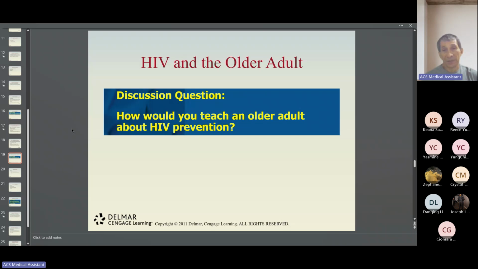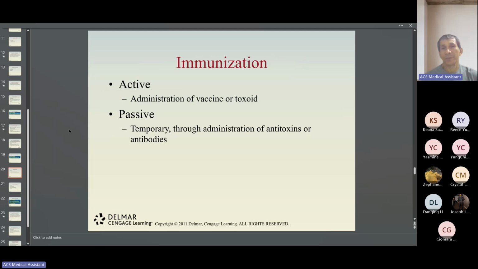That would be the best recommendation to prevent it. There are no vaccines. Or, bottom line, abstinence. Don't do anything at all, which is going to be a little difficult to follow. Just protect yourself. That's all you have to do. That's how it works.